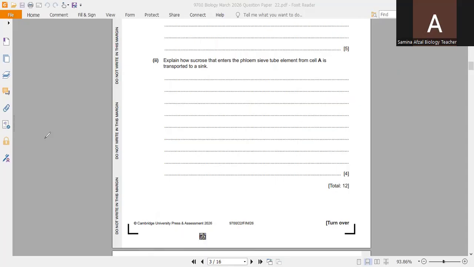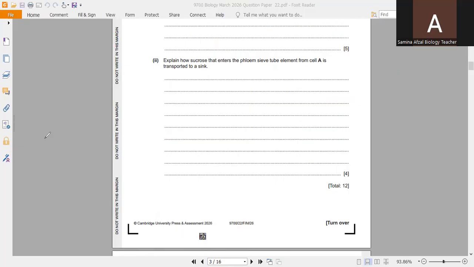So sucrose moves dissolved in sap from an area of high hydrostatic pressure to an area of low hydrostatic pressure down a hydrostatic pressure gradient by mass flow.